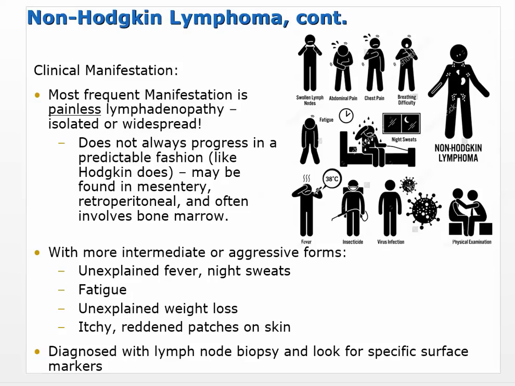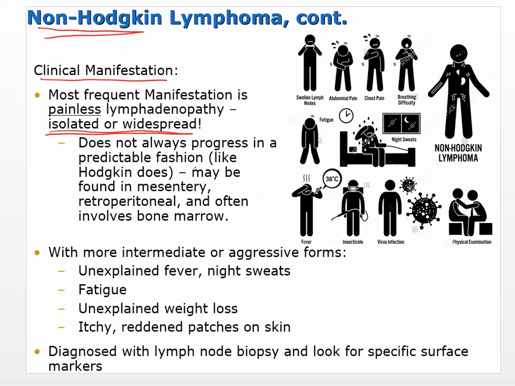All right. So we're still talking about non-Hodgkin lymphoma. So we continue that manifestation. The most frequent manifestation is this painless lymphadenopathy, so that's the swollen lymph nodes. It may be isolated or widespread. I was alluding to this earlier when I said that's one of the differences between Hodgkin and non-Hodgkin: the non-Hodgkin doesn't always progress in a predictable fashion, like Hodgkin does.